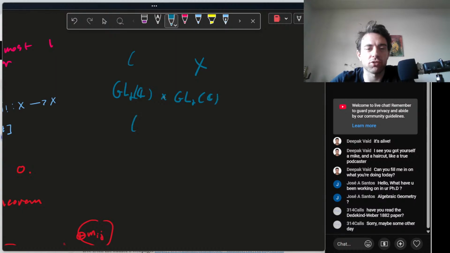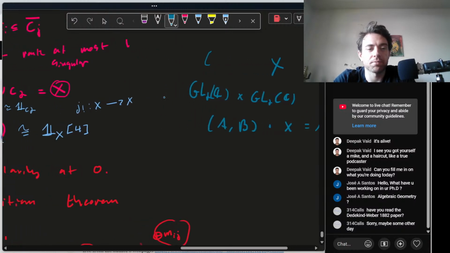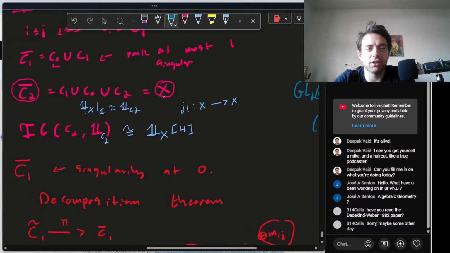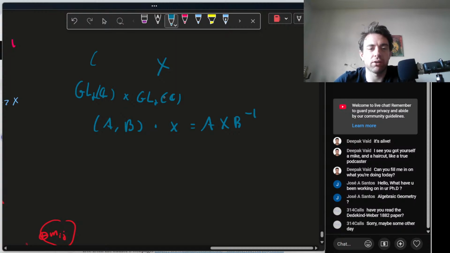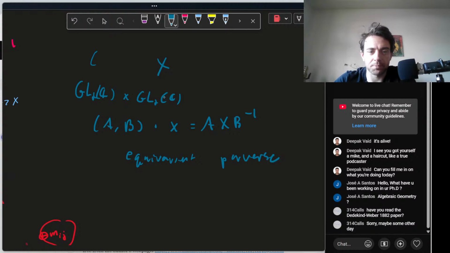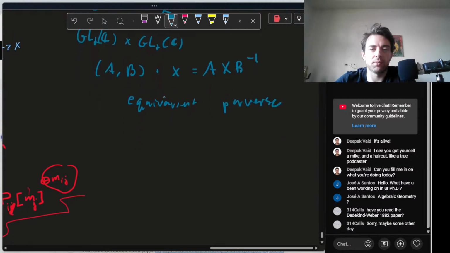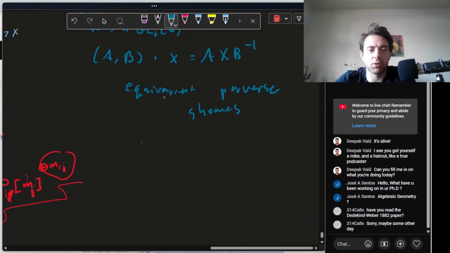This just comes out of my research interests, where (A, B) is acting on X by A X B inverse, and the orbits still give you this stratification, but now the thing is, I only care about what are called equivariant perverse sheaves, which I'm not going to talk about today for the sake of time.